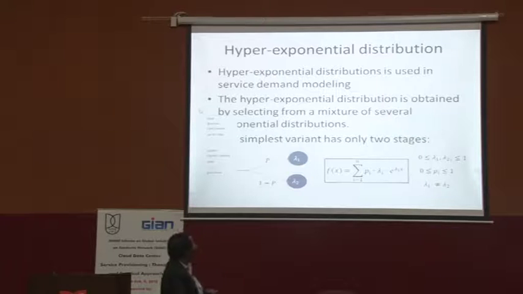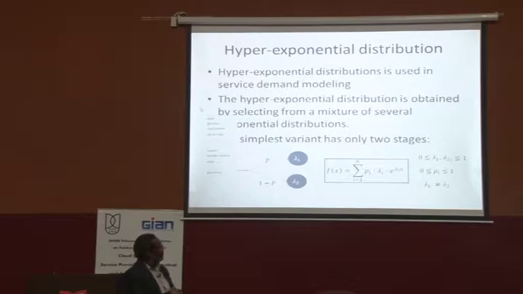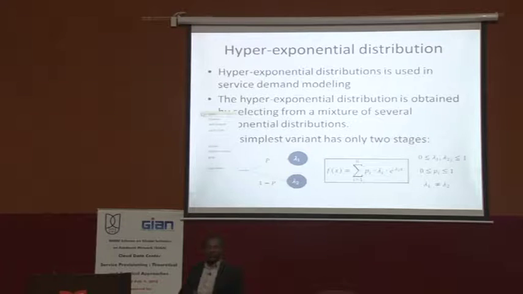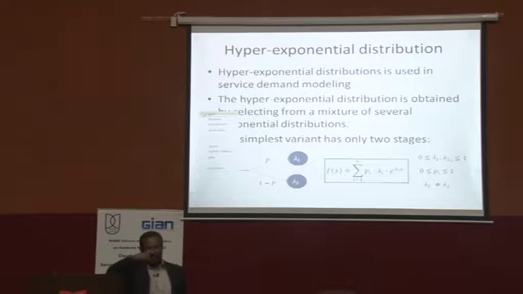It will be something like P1 lambda 1, e to the power negative lambda 1 x, plus P2 lambda 1. On the same lambda. This is the same lambda here. Lambda 1 plus lambda 2. No, lambda, this is together. Just look at this, like this is one.